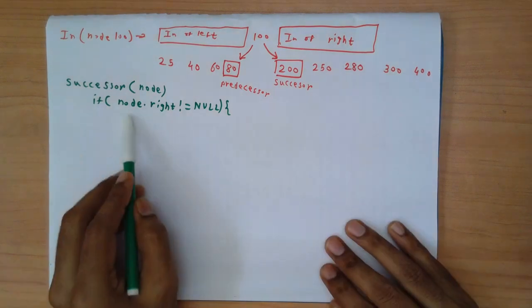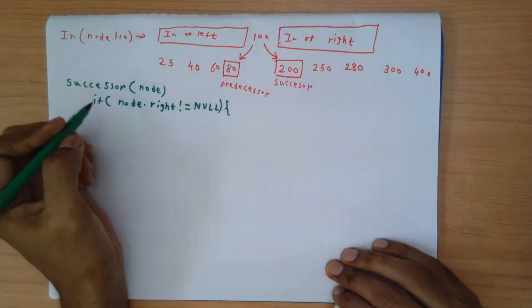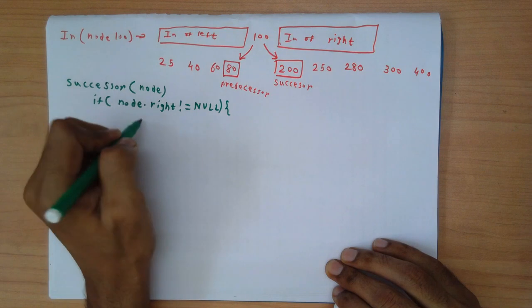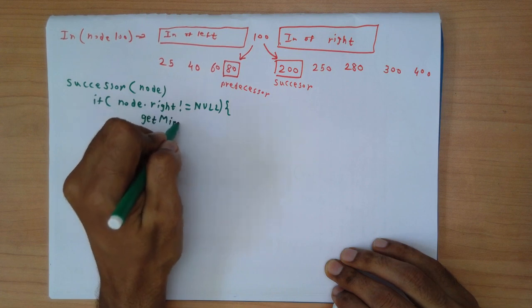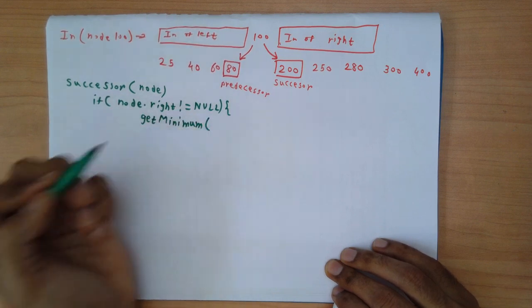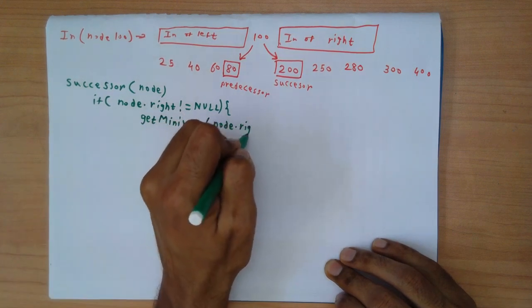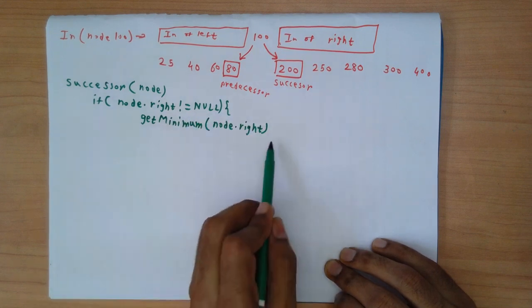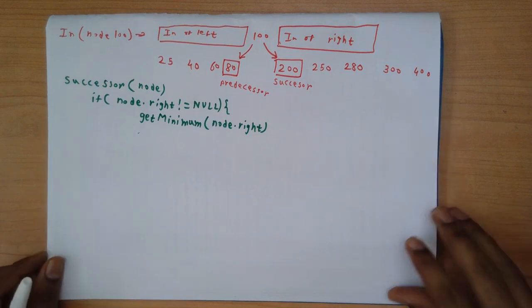So if node.right is not equal to null, then I will call a method getMinimum of the tree rooted at node.right, and I'm assuming that this will return the address of the leftmost node in my right subtree, and such a node stores the smallest value in the right subtree.